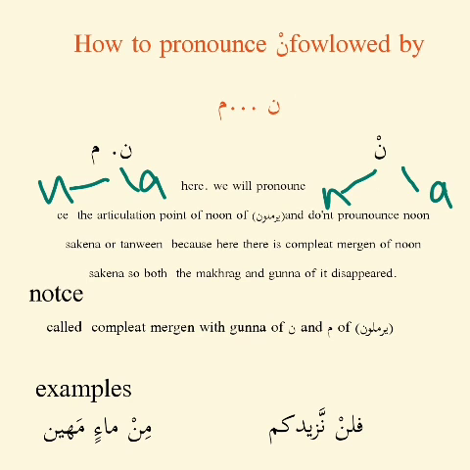Here, how to pronounce nun sakina followed by nun and mim? Here we will pronounce the articulation point of the nun and mim that belong to yarmalun, while the articulation point and the nasalization of the nun sakina will disappear completely, because it's a complete merging.